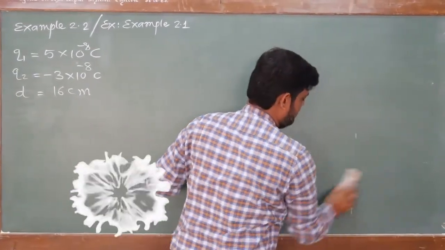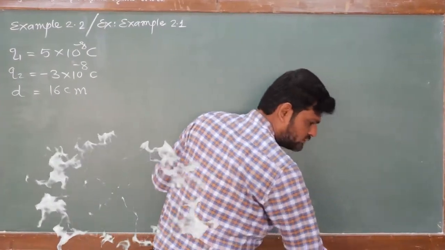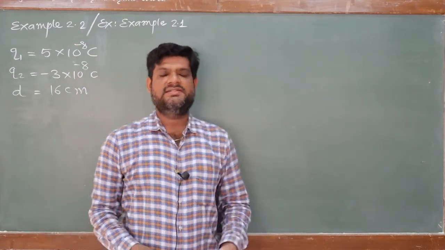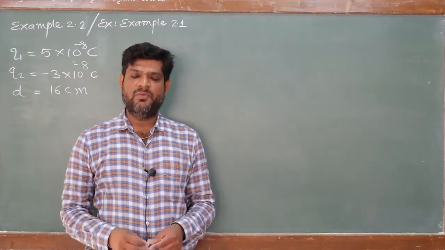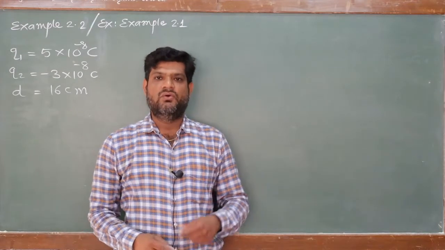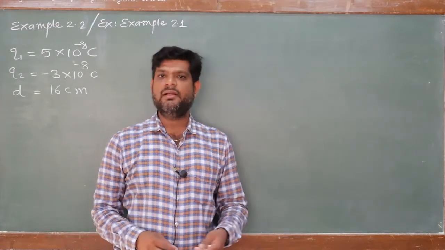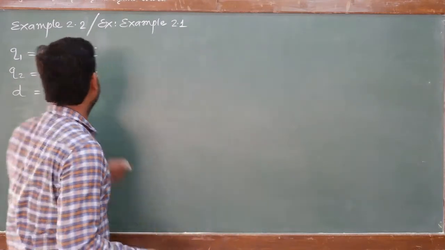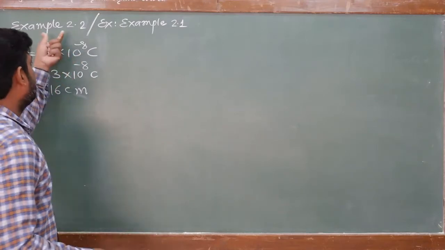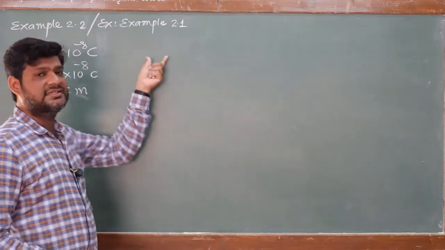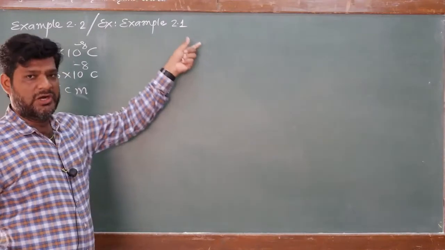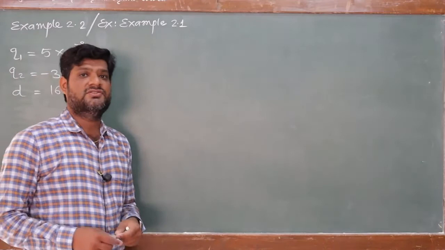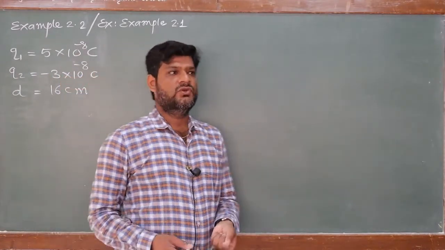We will start from 2.1. See students, example 2.1 is a good example. You can solve it at home, you can take it as homework. You just put the values and you can get the answer, right? See example 2.2 and the exercise example 2.1, both are similar examples, only there is a difference in numerical values.